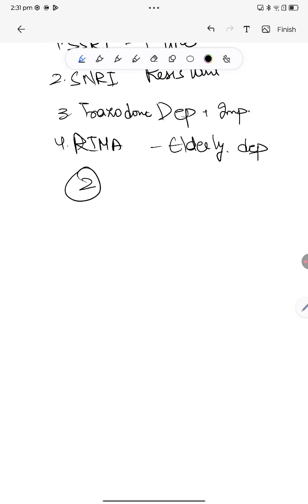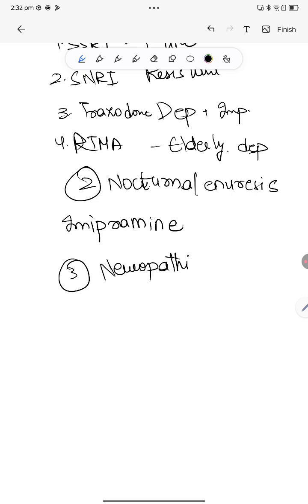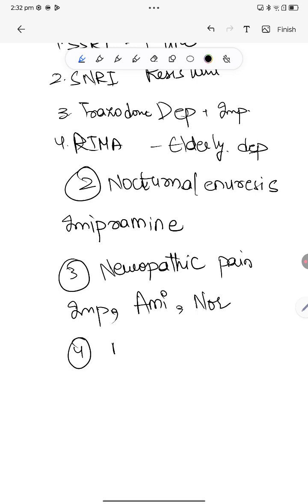The second use of antidepressants is nocturnal enuresis. With respect to nocturnal enuresis, imipramine is the drug of choice. Neuropathic pain is the third use of antidepressant drugs. For neuropathic pain, imipramine, amitriptyline, nortriptyline are preferred. Then comes our fourth use, that is migraine prophylaxis.